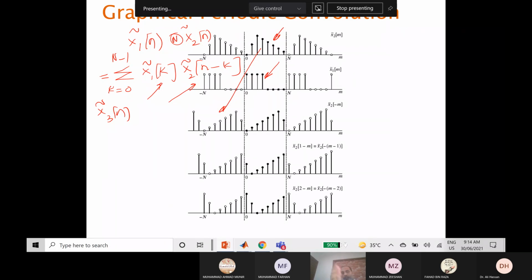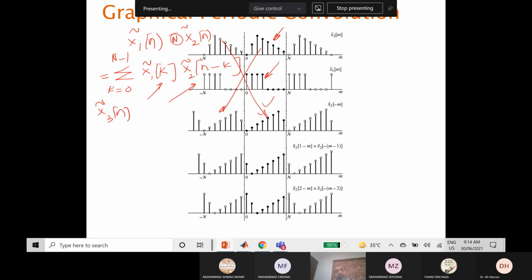But the problem is once you flip this part here, it is coming here, reversed. So a periodic flip is different from a simple flip, because a simple flip would only take your signal to the other side, but a periodic flip will take this to the other side, and the thing which is on the other side will come on this side. So in a periodic flip it comes like this.